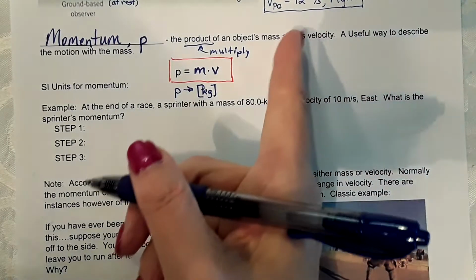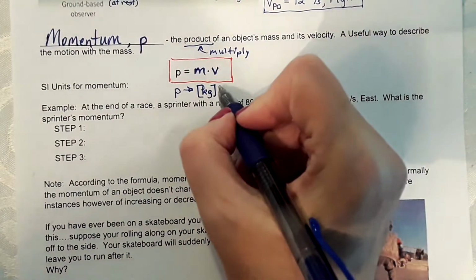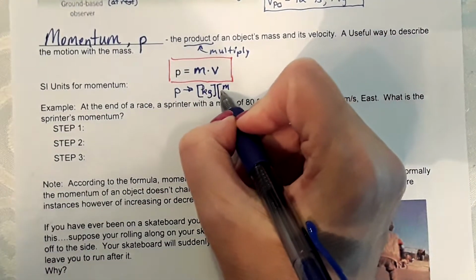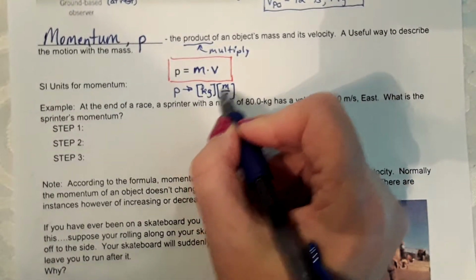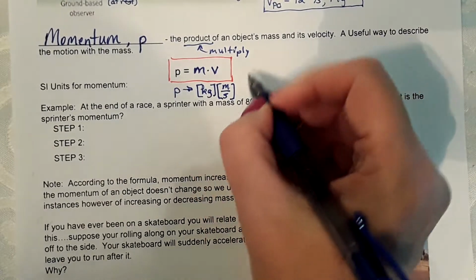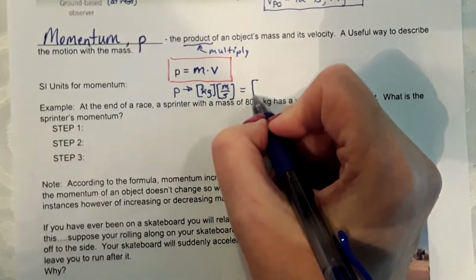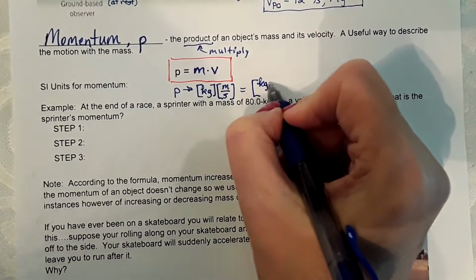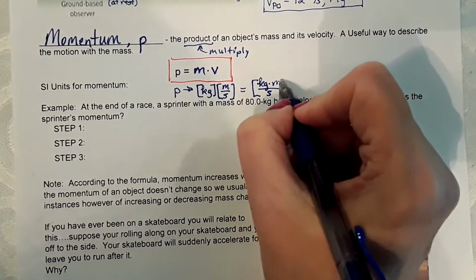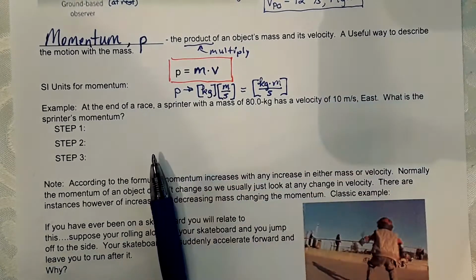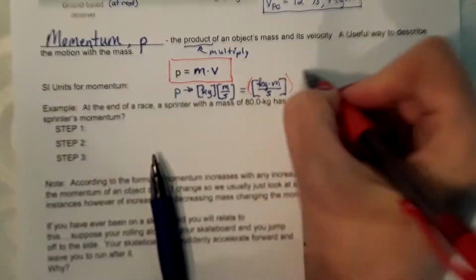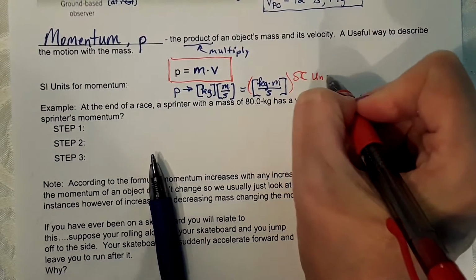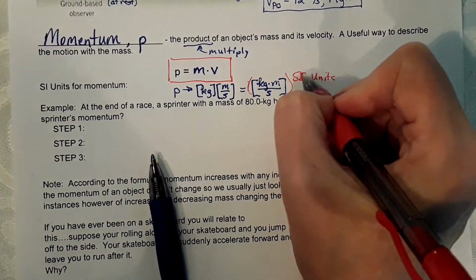Velocity, just like we said right up here, is in meters per second. So we're going to multiply kilograms times meters over seconds. So basically, you end up with kilogram meter per second. And that's the SI units for momentum.